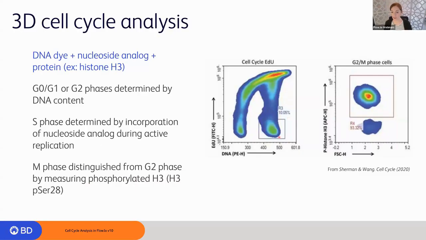So instead of just referring to this population as G2/M, we can measure the presence of this phosphorylated H3, which shows up in the process of mitosis. And when we have a population positive for that phosphorylated marker, then we know those are cells that have entered the mitotic stage of the cell cycle. Okay.